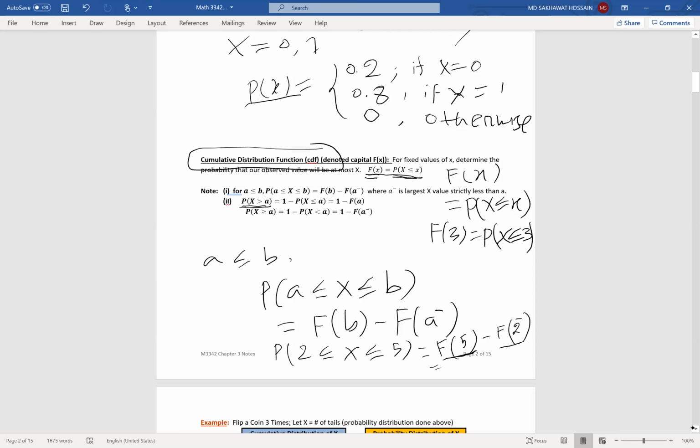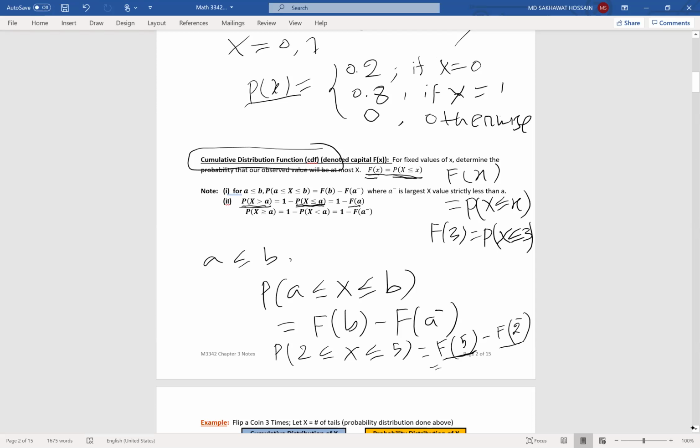First, you have to rewrite it so that the probability becomes less than some number. So here you can see 1 minus the probability of X less than or equal to a. Now for this part, you can use the CDF function because this is simply F of a.